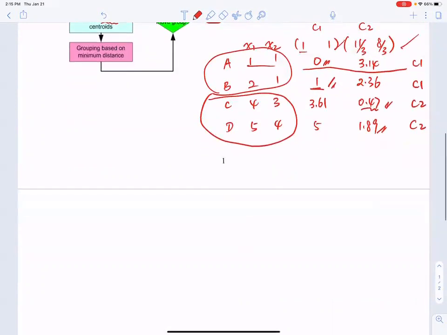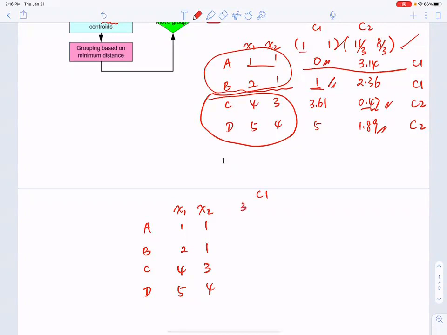Let's do it again. X1, X2, A, B, C, and D: (1, 1), (2, 1), (4, 3), (5, 4). Now centroid 1 will be the average of the first two. 1 plus 2 is 3, divided by 2 is 1.5. The second values add together, divided by 2, is 1.